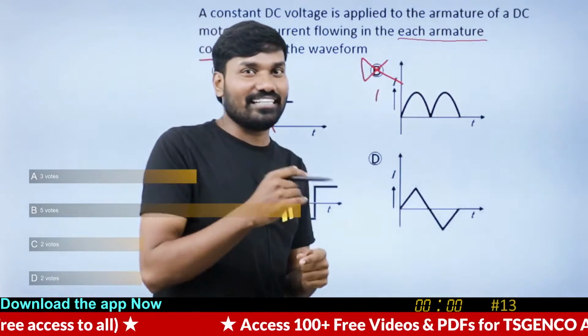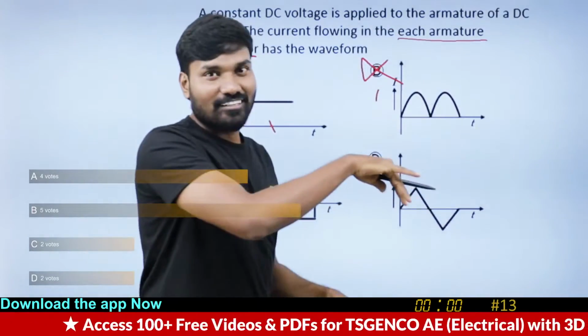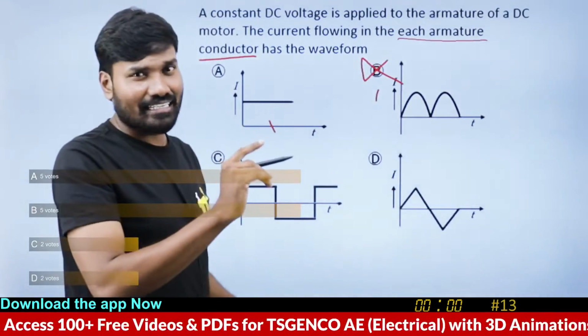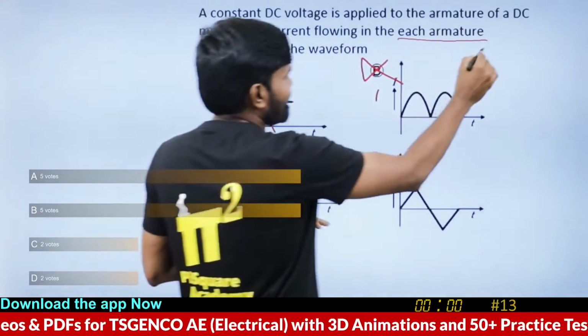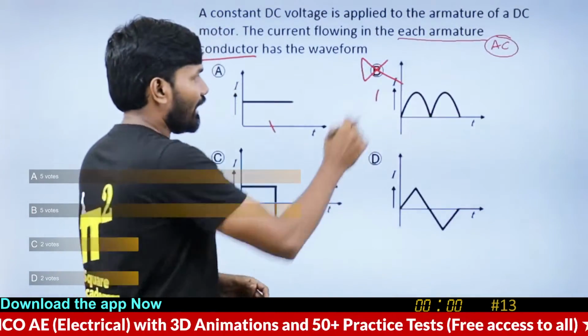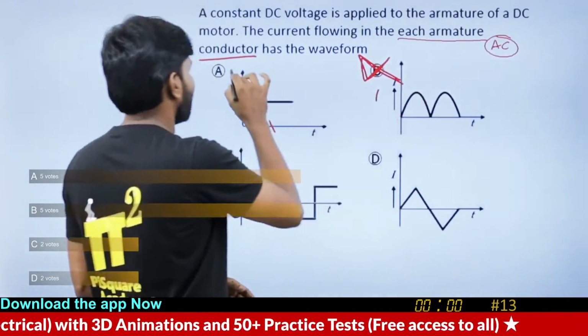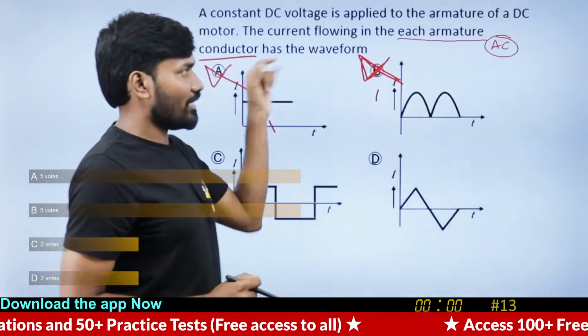Converting DC to AC does not mean that it will do like this. So the first thing is clear: armature current is AC. I told you this point very specifically. This is DC, wrong. This is DC, wrong. Why are they wrong? Because they are DC.